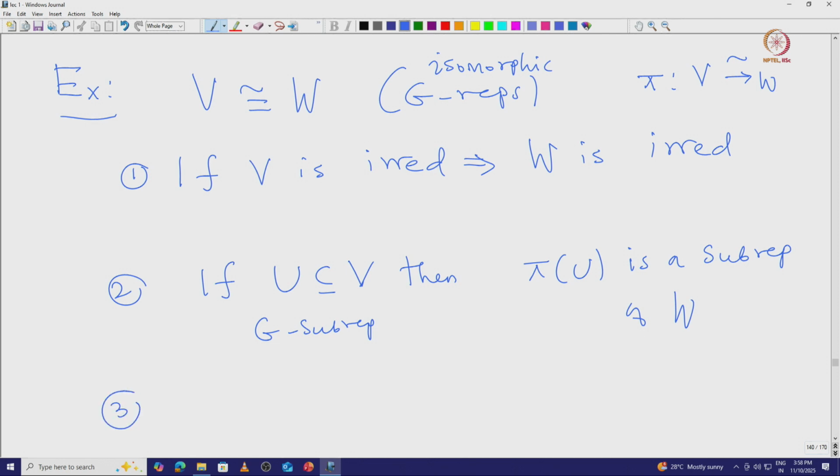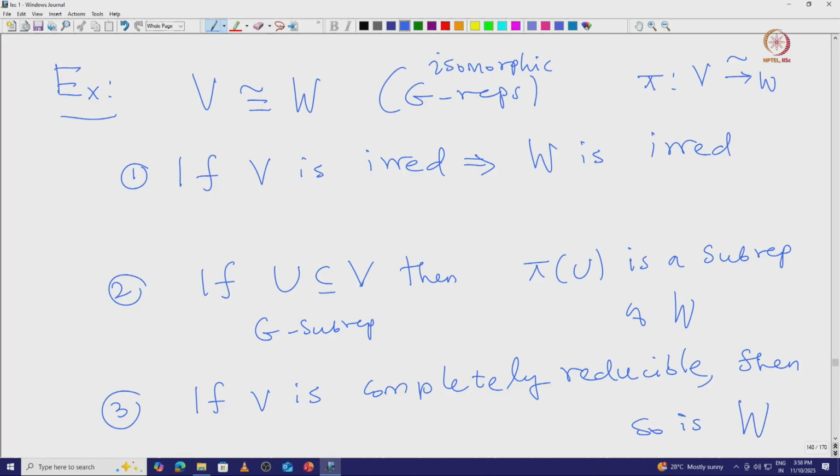And similarly, all other terminologies like completely reducible, decomposable, everything actually translates to the other representation. If V is completely reducible, then so is W. And like I said, you can replace this by indecomposable, decomposable, and so on.